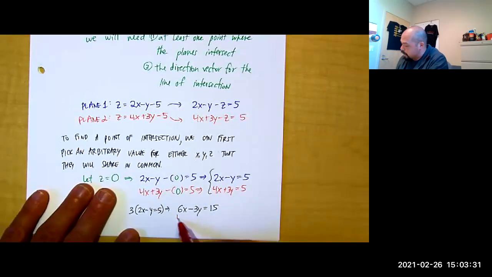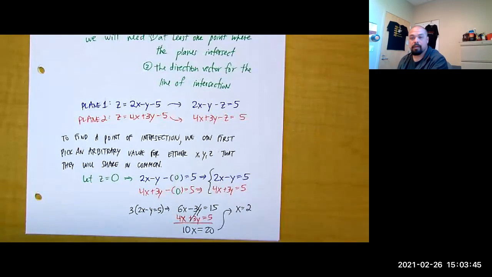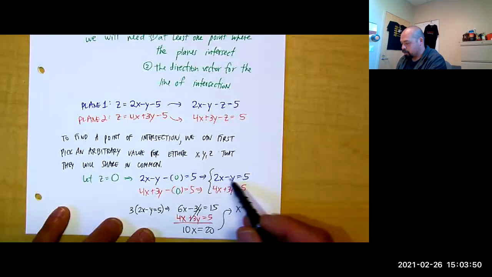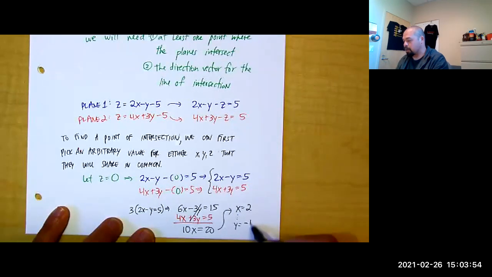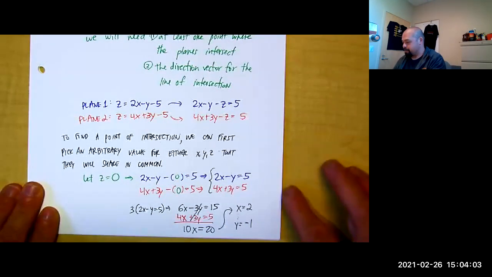Second equation, 4x plus 3y is equal to 5. Adding down, 10x is equal to 20, or x equals 2. And when x equals 2, what does y have to be equal to? Going down, y is going to be equal to -1, which you can verify. By solving that system, this gives us a point of intersection.